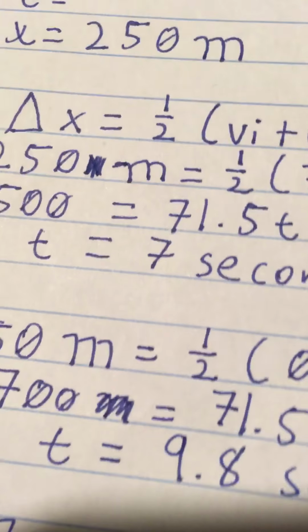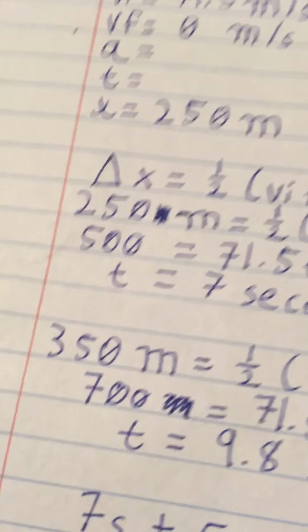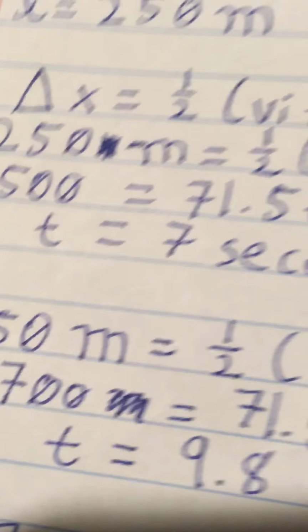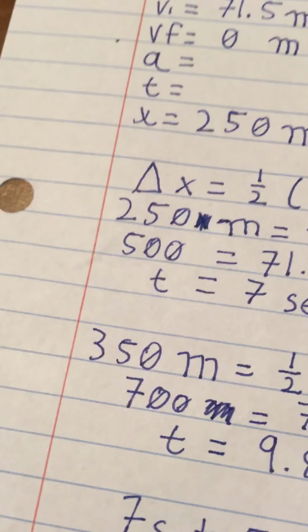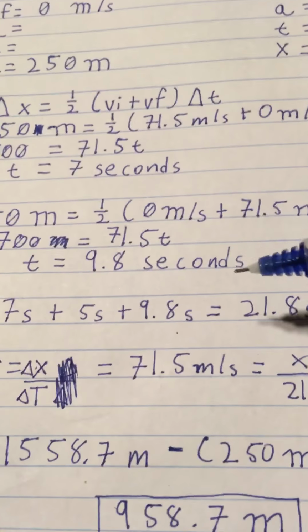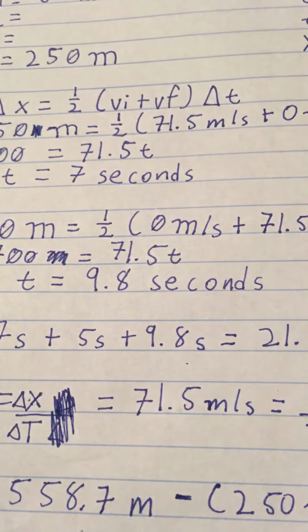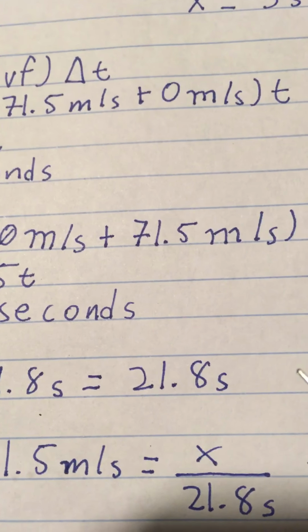Did the same thing and got 9.8 seconds. Now that we have all our times, we can solve for the Mercedes time and displacement. So we add up all of our seconds: 7 seconds, 5 seconds, and 9.8 seconds, and get 21.8 seconds.